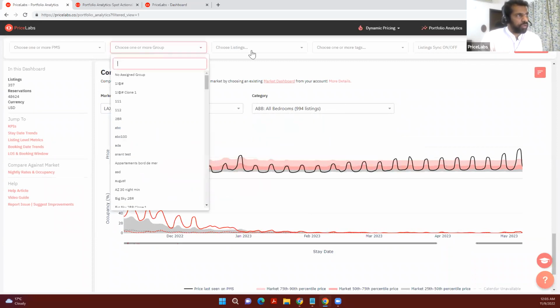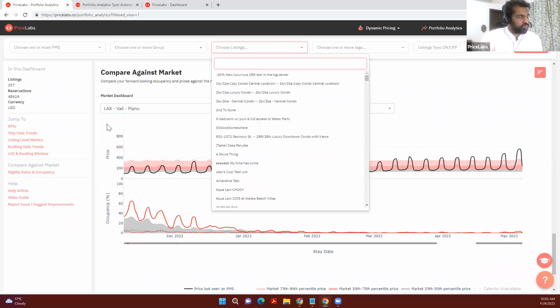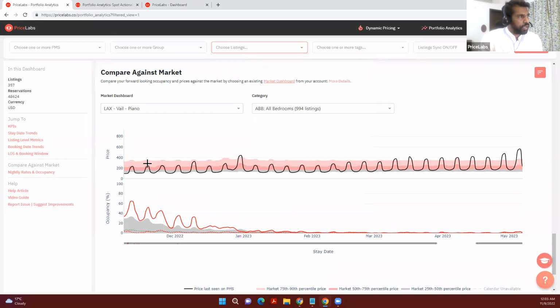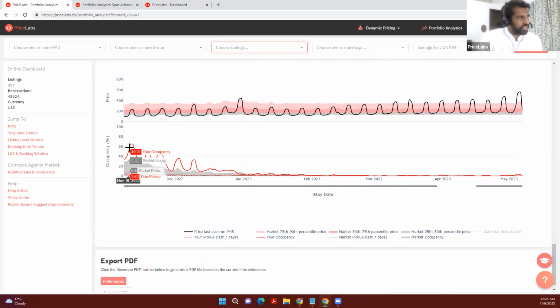And again, you can filter by groups so that this chart is filtered. But you can see whether certain properties are doing better or worse on price relative to the market. You can also see what your occupancies look like in relation to the market. And then finally, not as well seen, but let me remove the occupancies here.